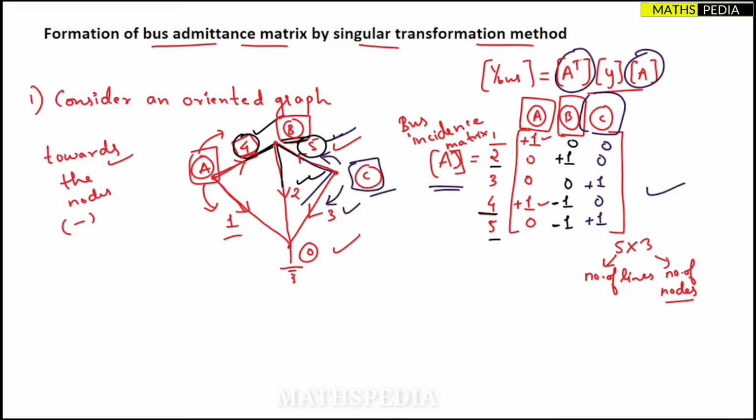Now we'll go for A transpose. A transpose of the matrix is nothing but the rows becoming the columns and the columns becoming the rows.